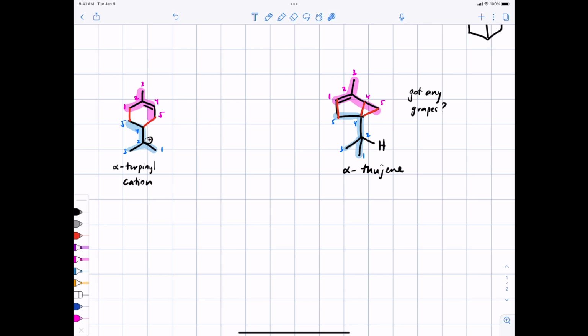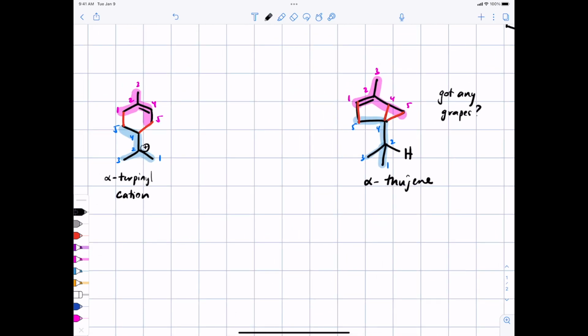In any case, we can check off in the product here, alpha thujene, the bonds that are already in the alpha terpinyl carbocation: the bond between pink 1 and blue 4, and the bond between blue 4 and pink 5. The new one, though, is the bond between pink 4 and blue 4.